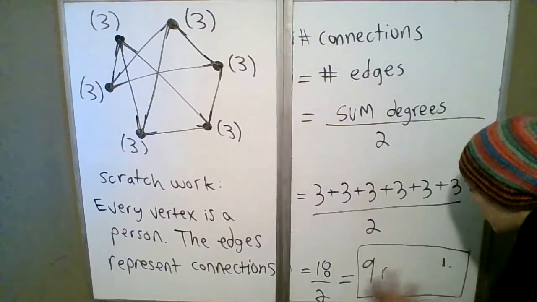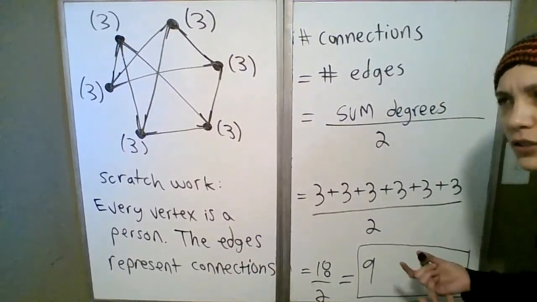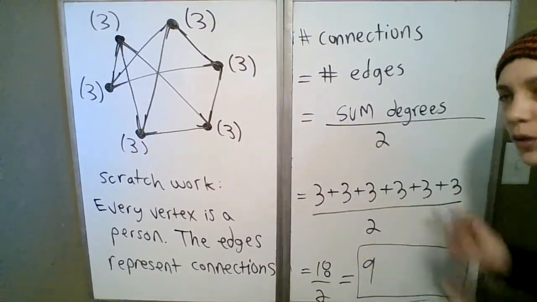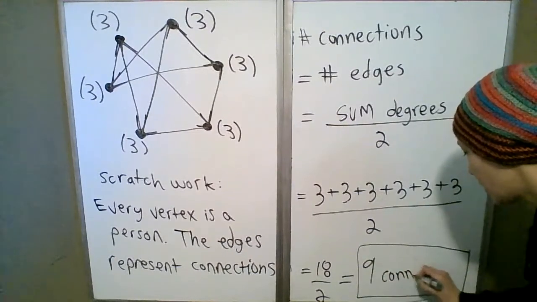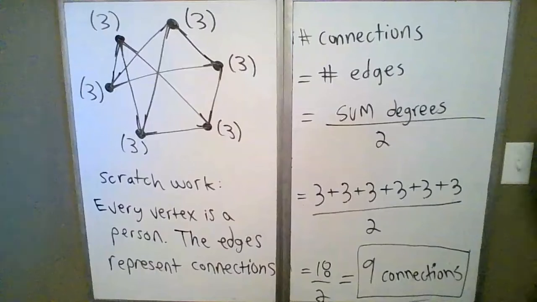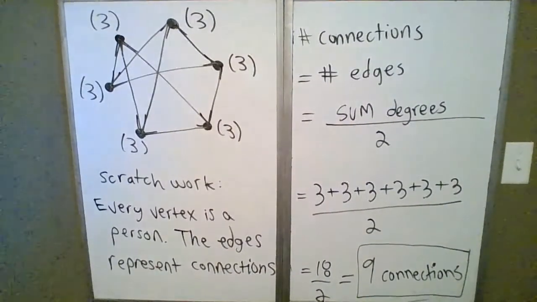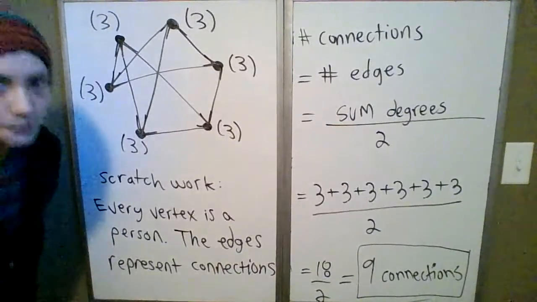We're going to put connections. New cards is for how many cards each person got, which just helped us put the graph together.